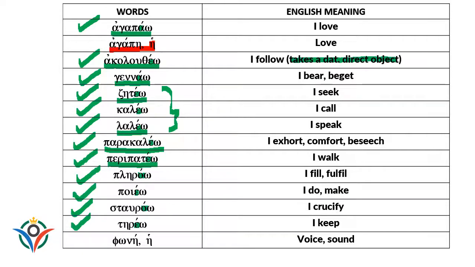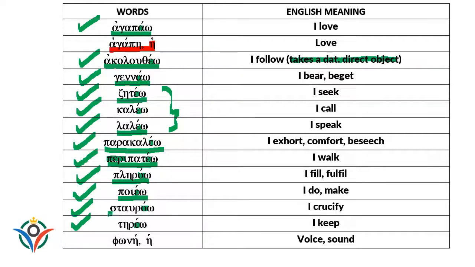It's got a preposition in the front, peri, and it means I walk. Next we have plerao, means I fill or fulfill.